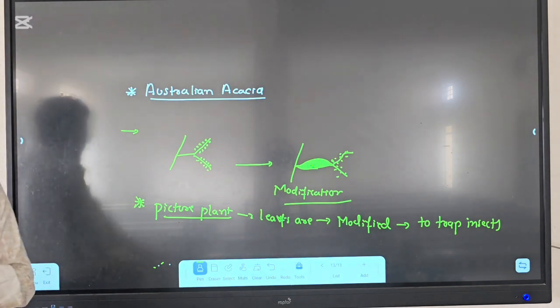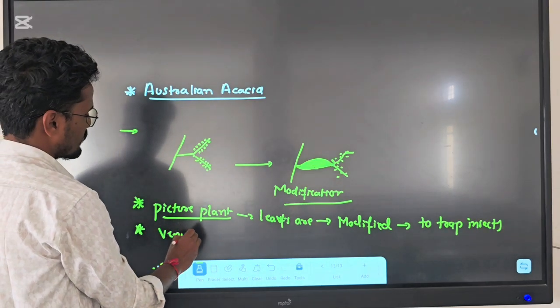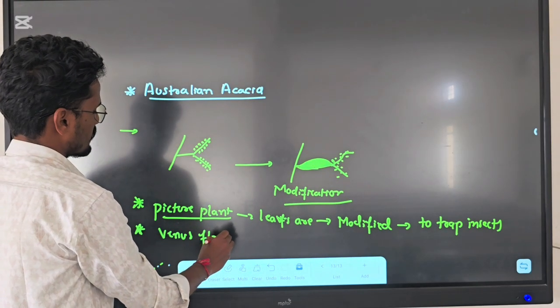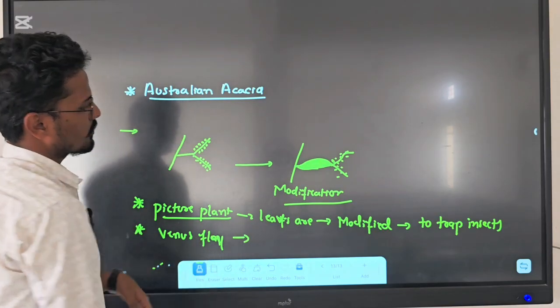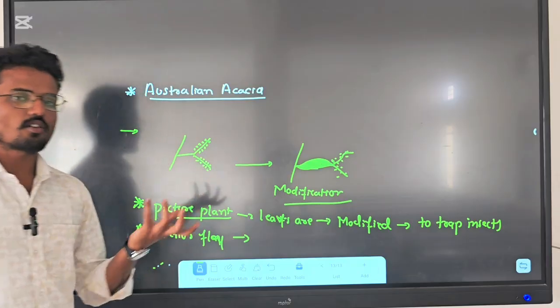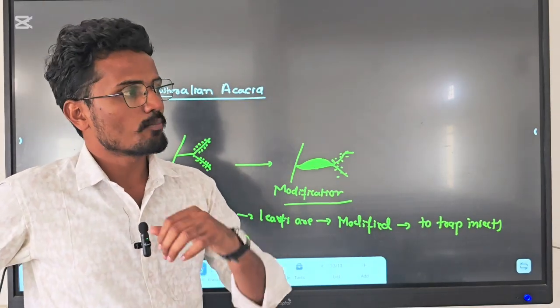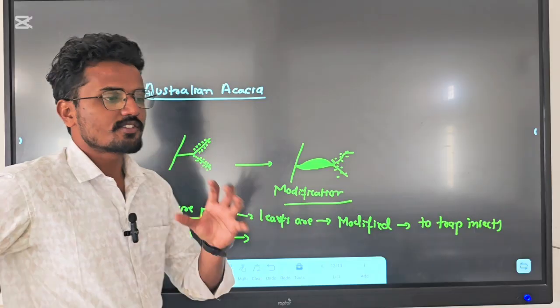And in the Venus flytrap plant also, they modify themselves to trap the insect. So this is how the leaf shows different types of modification in its structure.